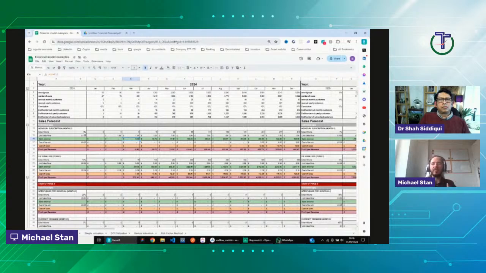But most of the time in SaaS businesses, we see between 1 to 10% of users turning into actual customers.